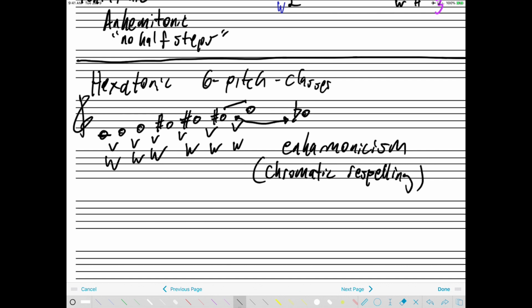Because this is all whole steps, it is known as symmetrical. That means that you could start on any one of these pitches and you'd still have the same array. Let's say you started on D and you did that modal transformation that we were doing.